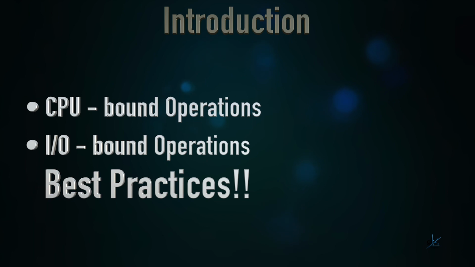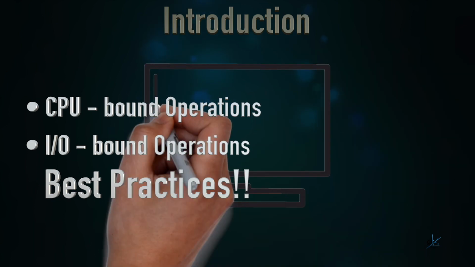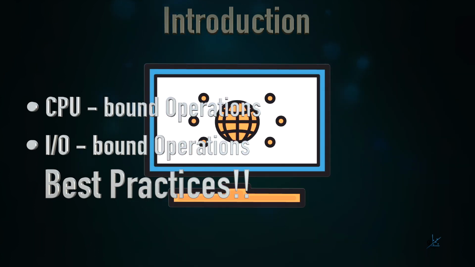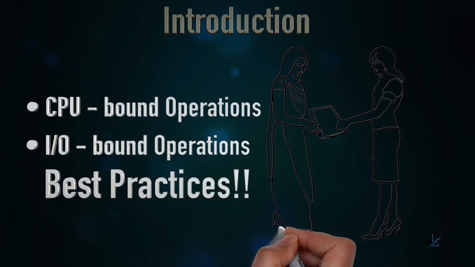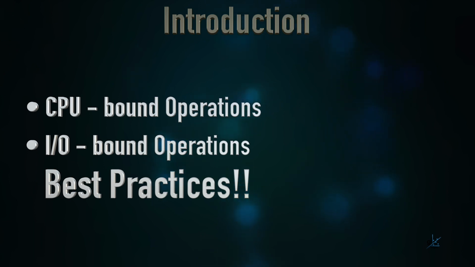Basically, computational operations. I/O-bound operations are operations that are delegated to the I/O subsystem to perform tasks such as writing to a hard disk drive, engaging the I/O subsystem to perform requests across the network, file handling operations, etc. We discussed that I/O-bound operations are more commonly encountered than CPU-bound operations.